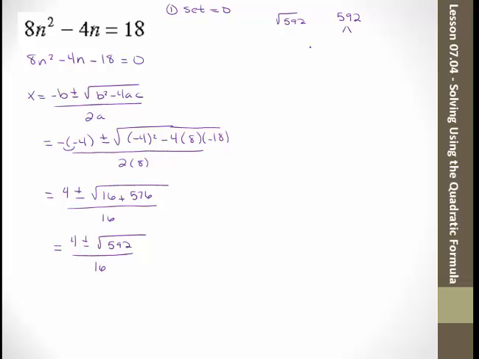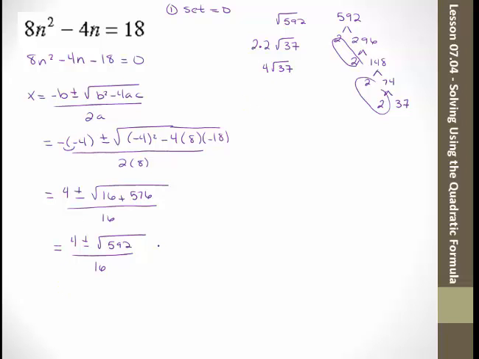So it's even, so I know it will divide by 2, and that gives me 296, which will divide by 2 again to give me 148, which will divide by 2 again to give me 74, which will again divide by 2, and that gives me 37. I have 2 pairs of 2's, so each of those can come out, one from each pair, and 37 gets left behind. That gives me 4 times the square root of 37.